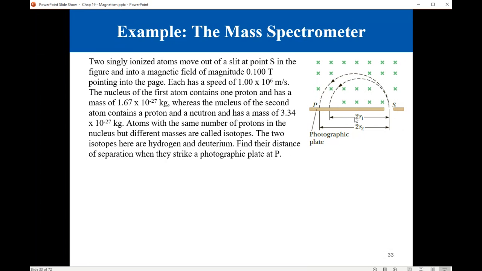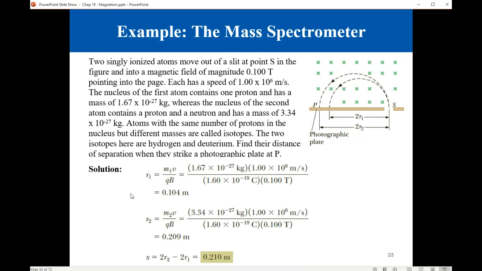The radius will depend on mv divided by qB. So in this case, for the first isotope, R1 is m1v divided by qB. This is m1, this is the velocity, this is q, this is B.